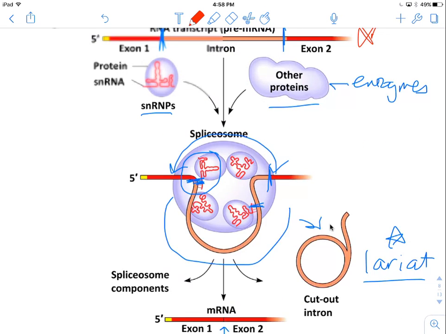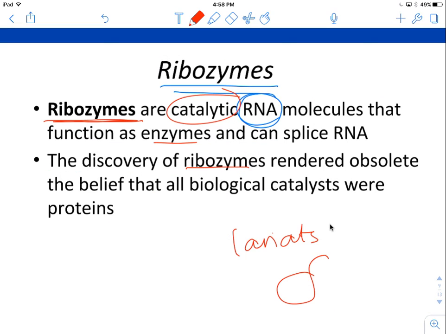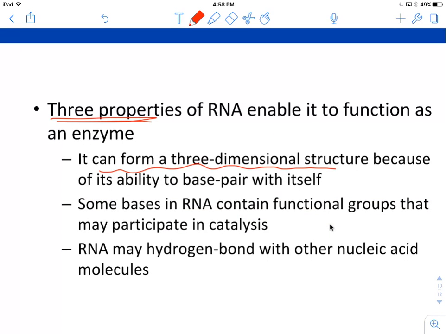And we kind of saw that back here with the SNRPs. See, the SNRPs fold up and make this funny little shape here. And tRNAs fold up into funny shapes as well. Ribosomal rRNA also folds up and becomes part of the ribosome. So it can form three-dimensional shapes.